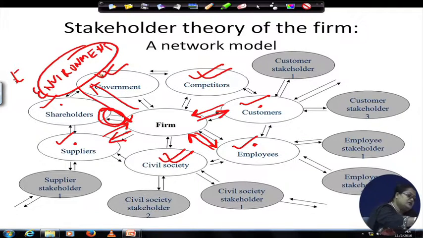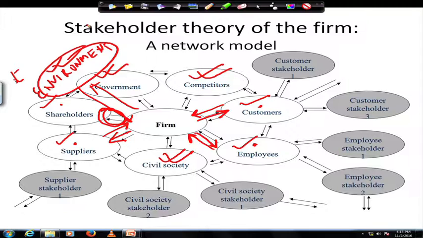So these also have been recognized as stakeholders. So this is an extended model of the stakeholders, where you're trying to cover all the entities that are directly or indirectly connected with your business, and either they affect or get affected by the way that you are doing your business.